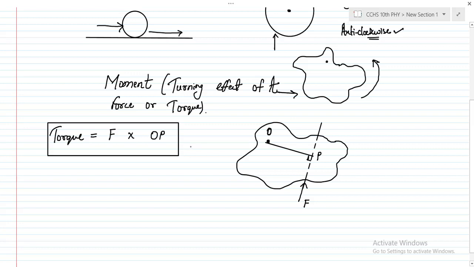On what factors does the turning effect of a force or torque depend? So the factors affecting the turning of a body: number 1, it depends on the magnitude of force. Magnitude means the quantity of force.